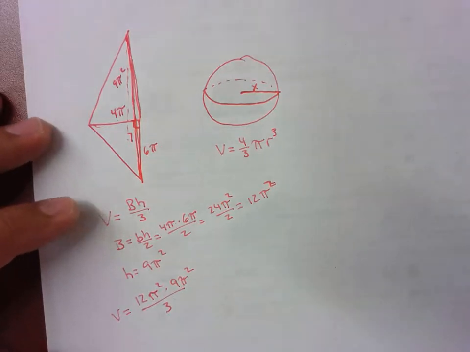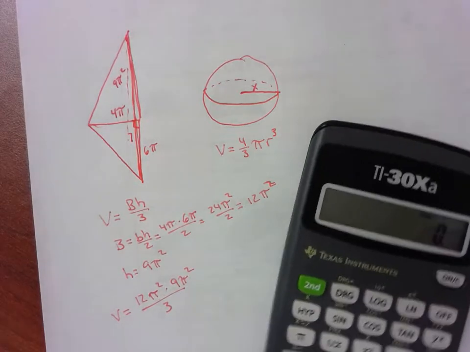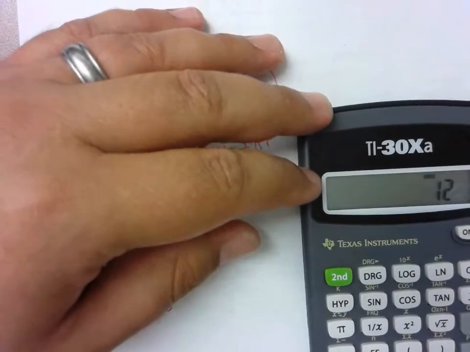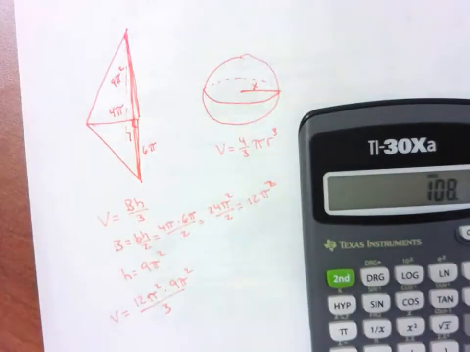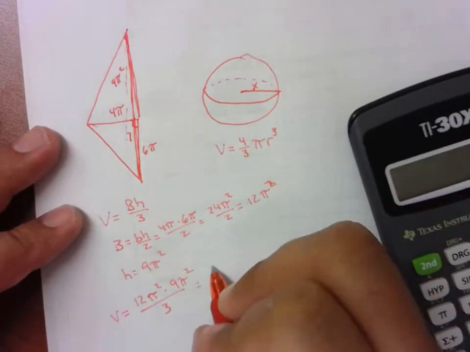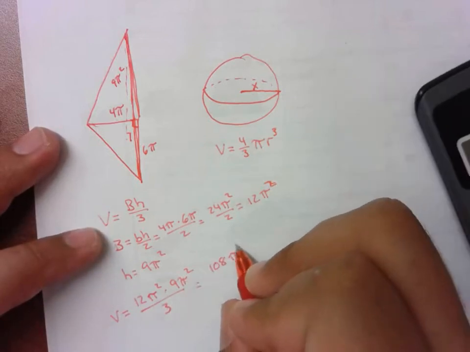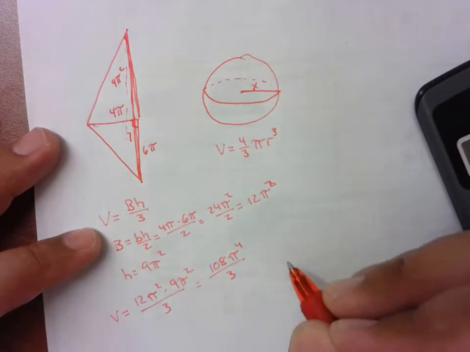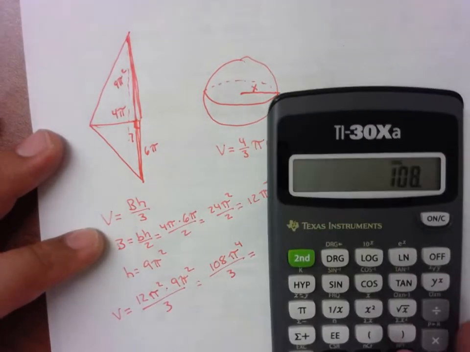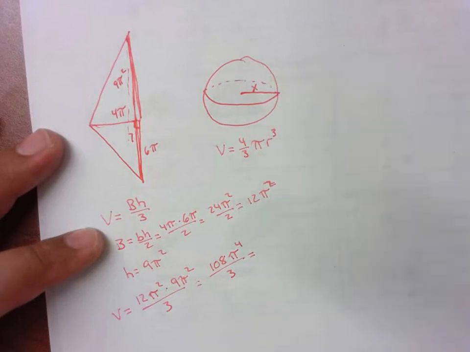And if you get your calculator, let me get one of your calculators. We're not going to calculate π quite yet. 12 times 9 is 108. π² times π² is π to the 4th, divided by 3. 108 divided by 3 is going to be 36.